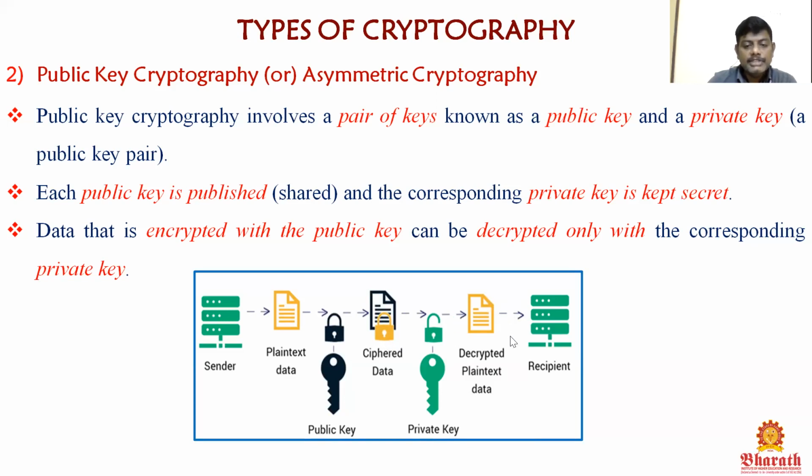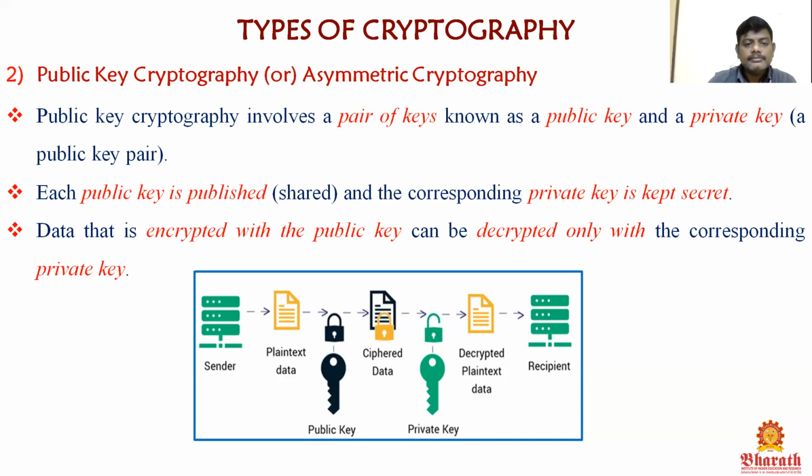The recipient decrypts that cipher text with the help of the private key, not the public key. The sender knows the public key, the receiver knows the public key, but the sender encrypts the message with the public key, and the receiver decrypts the cipher text with the private key.